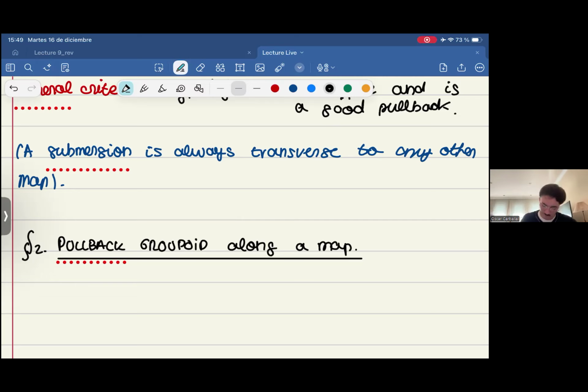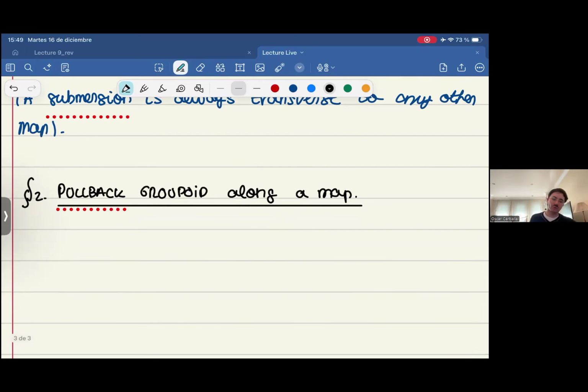Okay. So the context in which we will work is the following one. First of all, let us consider a groupoid G over a manifold M, right? And a smooth map f from another manifold M prime into M, right?